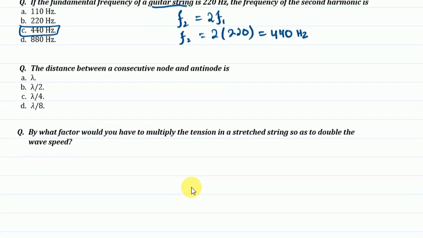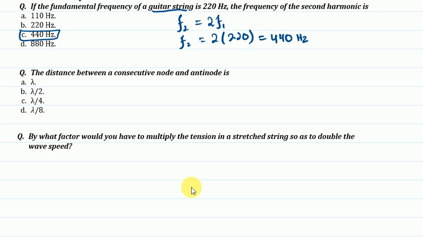The distance between a consecutive node and antinode is... oh, this is something a bit tricky. Okay, no problem. Let us draw it. Let's say we are observing a standing wave here, and let us consider the fourth harmonic, no issue.